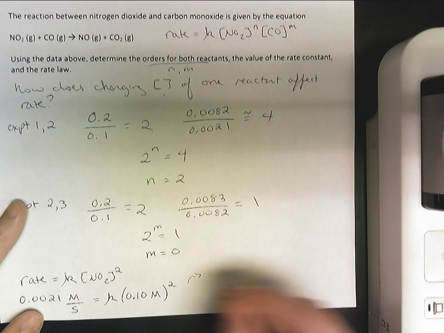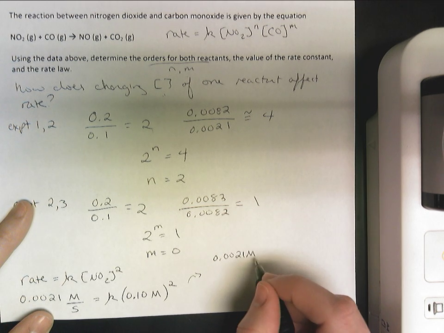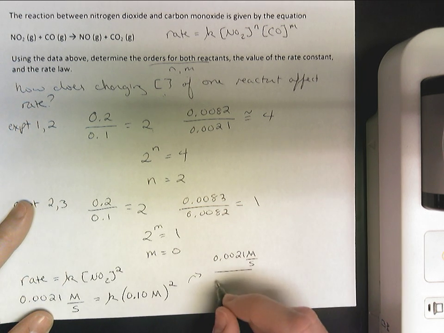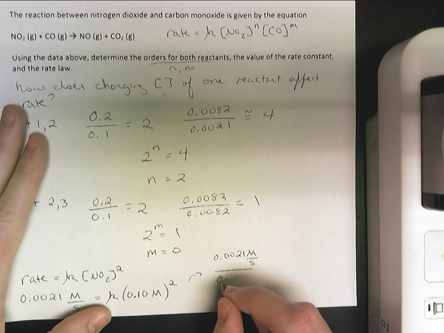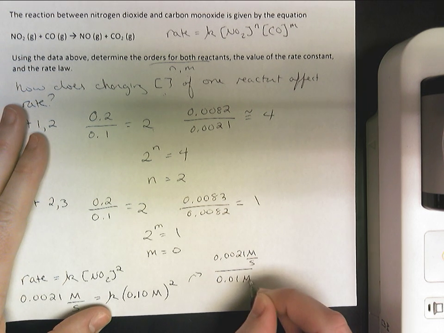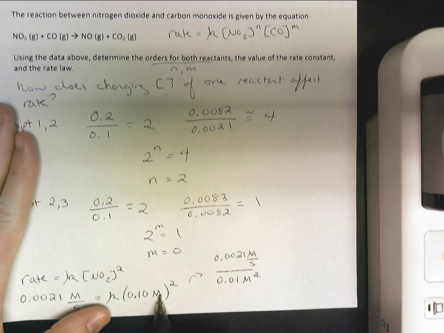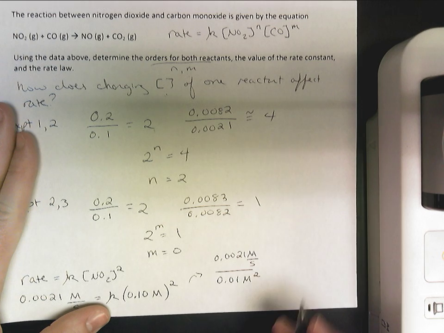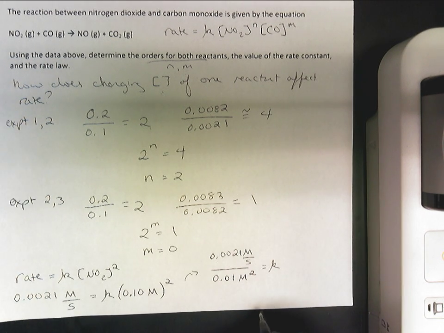So I have 0.0021 molar per second divided by 0.01 molar squared. Remember, the square applies to the unit as well as the value. That equals k. I can get a value now, but I can also get the units.